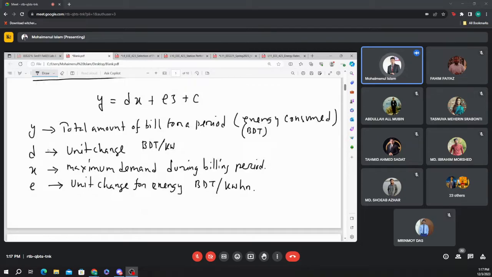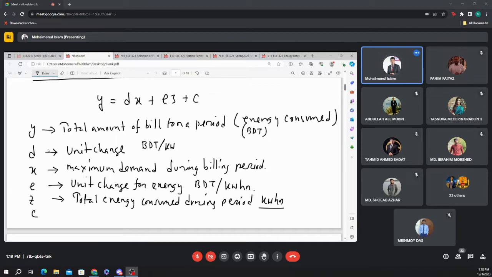And you have Z. Z is total energy consumed during that period, which is kilowatt hour, only kilowatt hour.